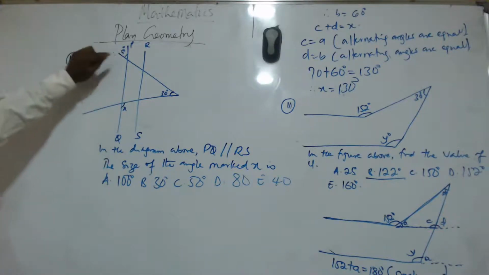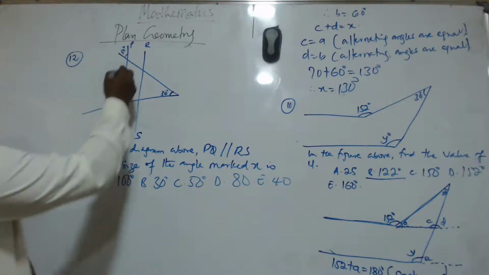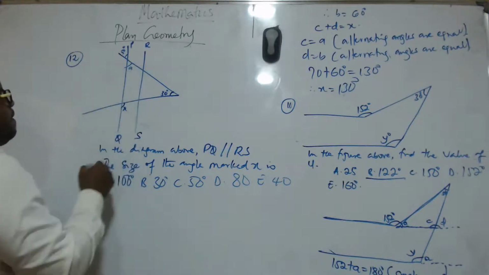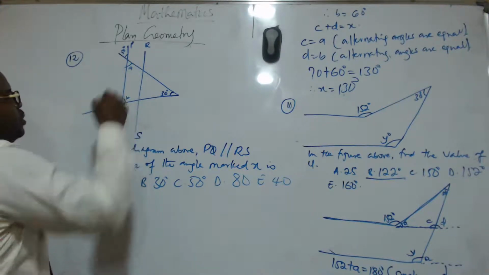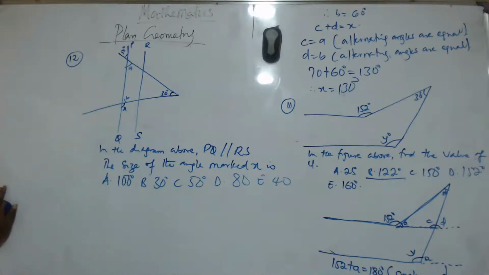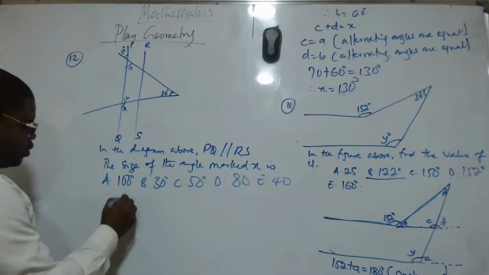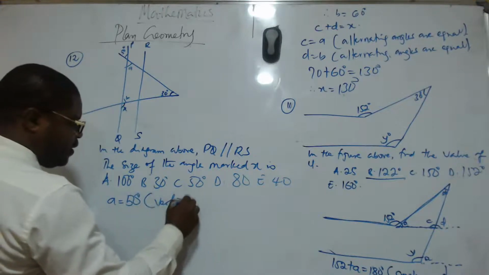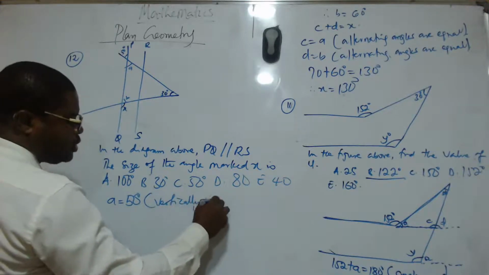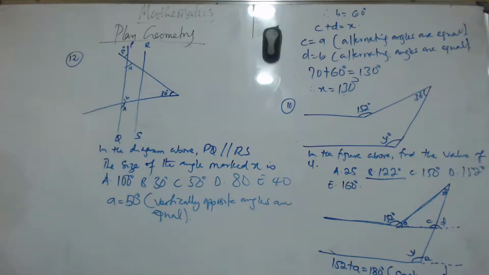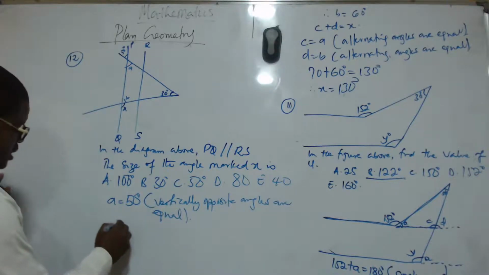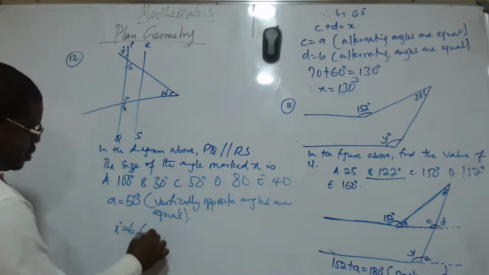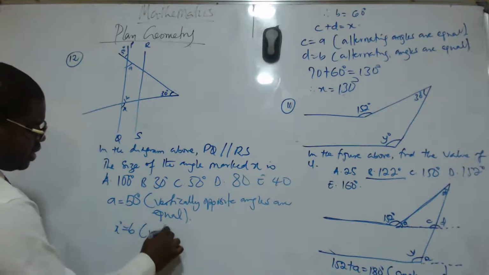Here we have A. Here we have B. So my A is equal to 50 degrees. Why? We have vertically opposite angles, 50. Then my X is equal to B. Reason: we also have vertically opposite angles.